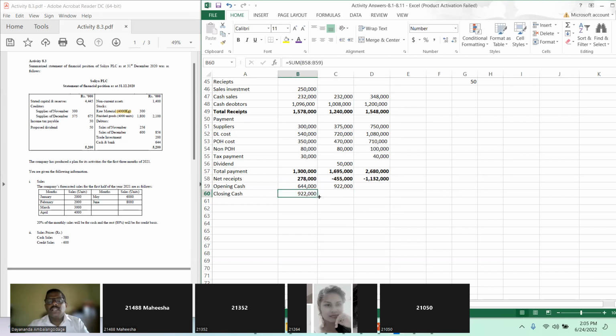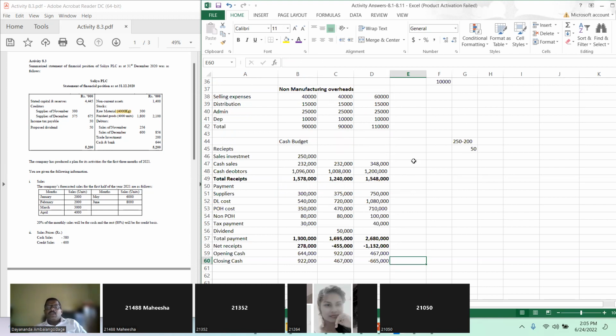Then you get the total, right? And here it would be this. So finally, your closing balance is negative 66.5. But if you want, you can prepare the total column of the cash book. No problem. Cash budget, you can prepare the total.